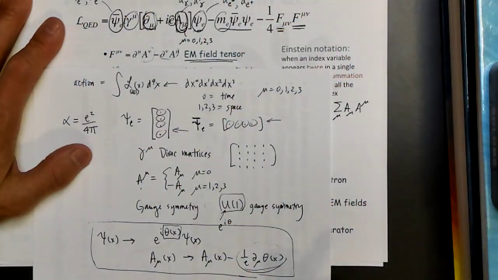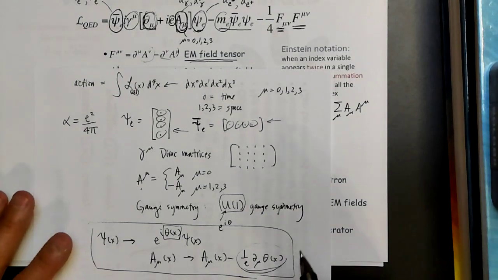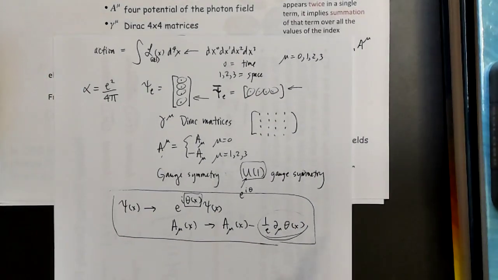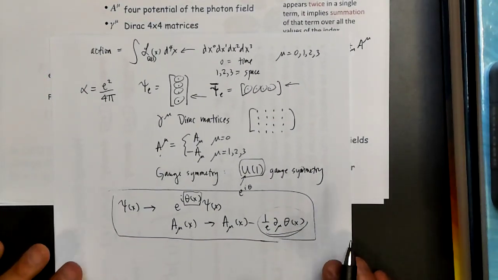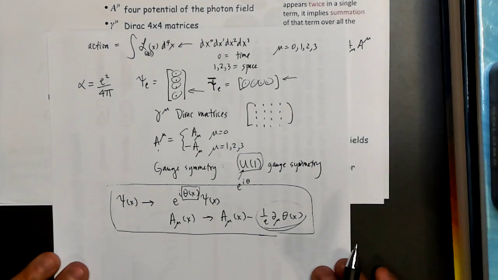So the whole thing will remain the same under this U1 gauge symmetry. The reason I'm emphasizing this now is because it will be important when we talk about quantum chromodynamics in just a few minutes.